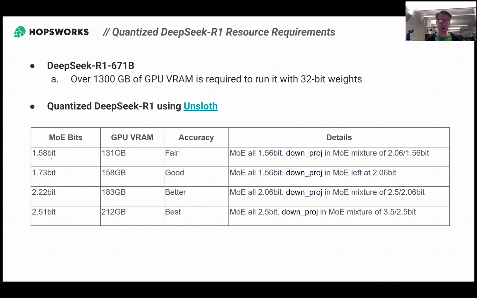But they didn't do a homogeneous quantization of all the weights in the model. They're actually a lot smarter than that. For example, where we have the gating coming in, when the input comes in and the model has to decide which experts it's going to route that input request to, they didn't quantize those weights because it's very important that the input is forwarded to the correct experts. But then the experts themselves, their weights were quantized heavily, we can see here. And the performance is still very good. So quantized models, DeepSeek R1, great.